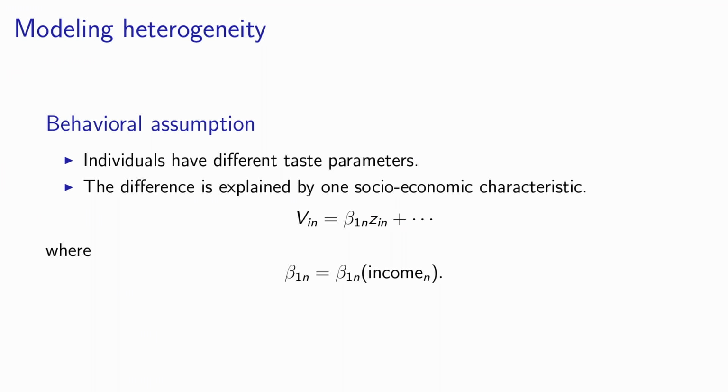Well, for example, it can vary as a function of income. A typical example is that if zin is the cost variable, the way the cost of a product or an option influences the utility will vary with income. Maybe rich people will be less sensitive to cost than poor people. That's the behavioral assumption. So beta 1n now becomes a function of a socioeconomic characteristic, like income.